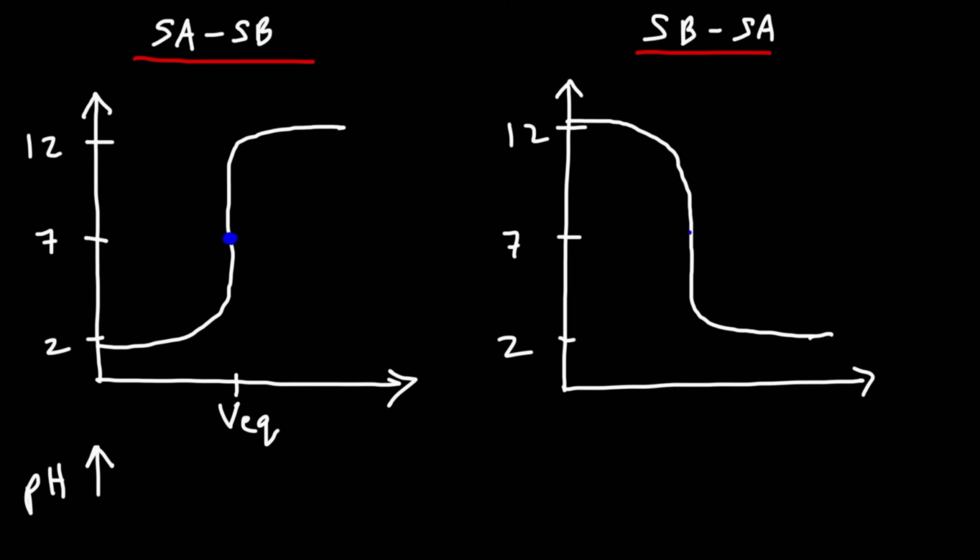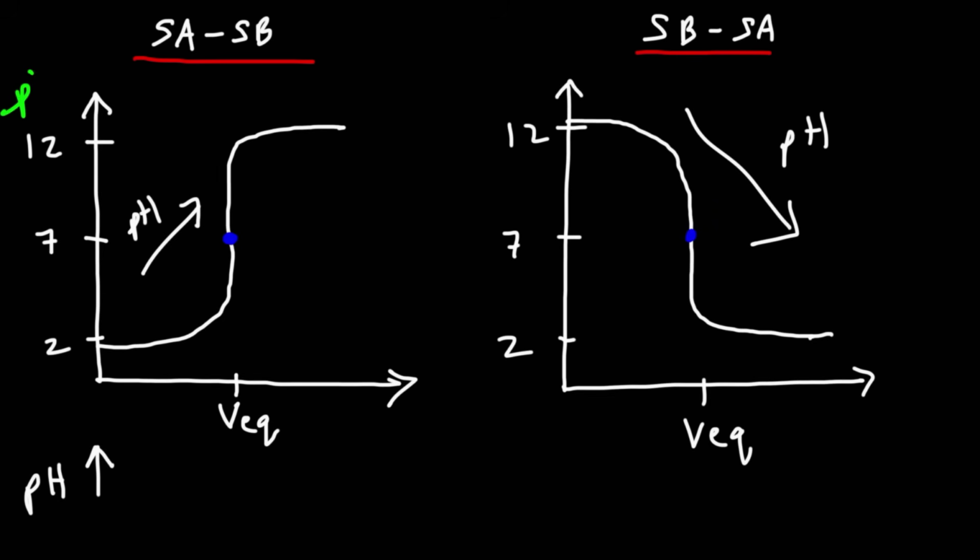The pH at the equivalence point is still 7 for strong base, strong acid titration. The only difference is here, the pH is increasing, and then for strong base, strong acid titration, the pH is decreasing. But besides that, the graphs look relatively similar, just flipped. So whenever you're dealing with a pH curve or a titration curve, you have pH on the y-axis, volume on the x-axis.